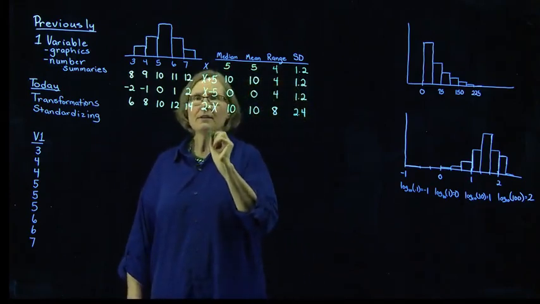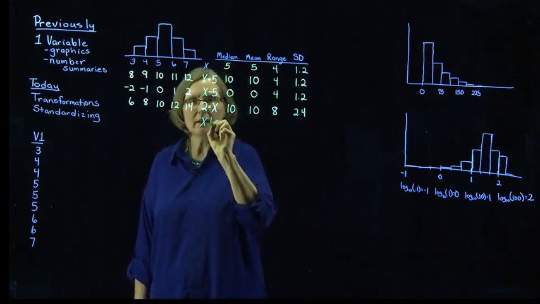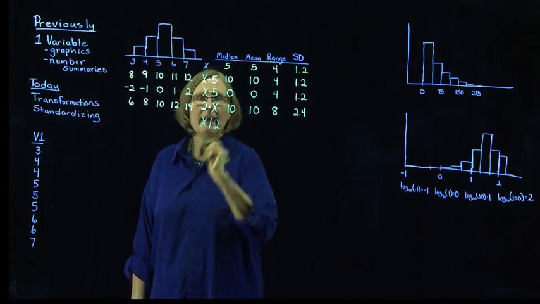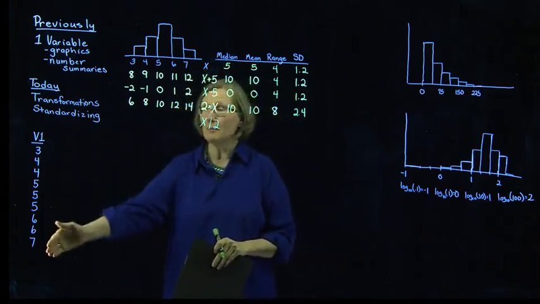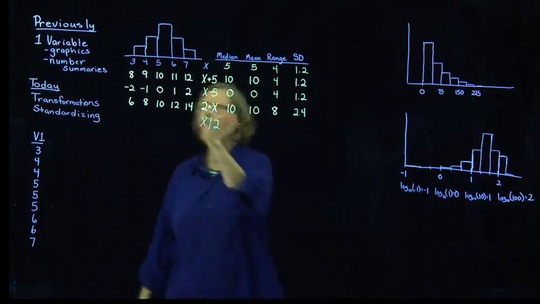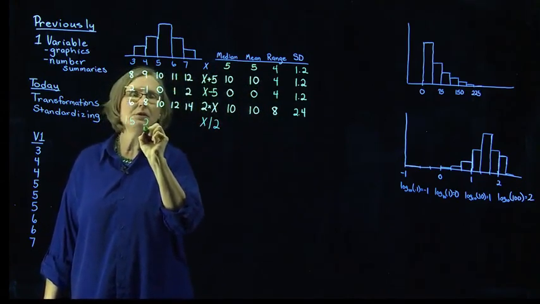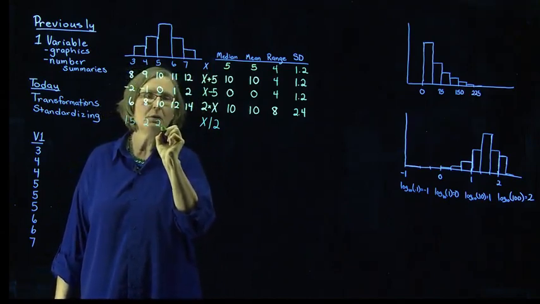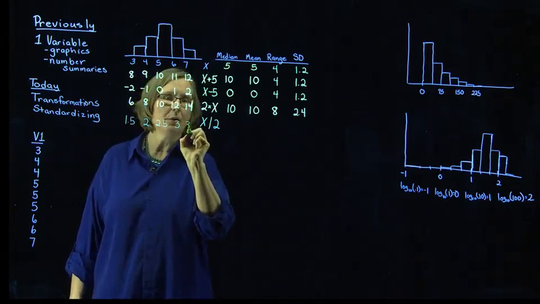The last transformation that I want to look at is what if we divide by a constant. Now I'm going to divide each observation in my data set by 2. The 3 becomes 1.5. 4 becomes 2, 5 becomes 2.5, 6 becomes 3, and 7 becomes 3.5.